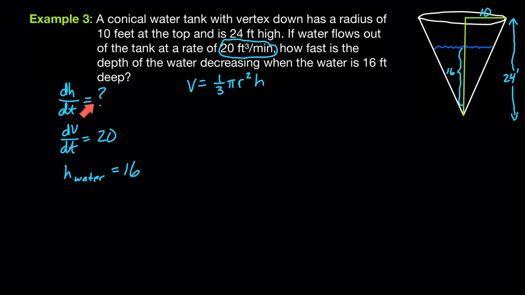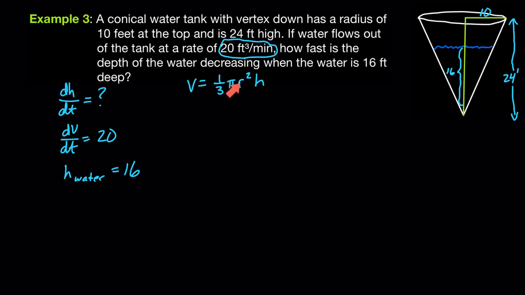We do not have dH/dt. That's what we're looking for, so it's okay to have that in the problem. But we do not know dr/dt, which means we would have more than one unknown if we were to differentiate this problem as is. That's a problem because you cannot solve an equation with more than one unknown.